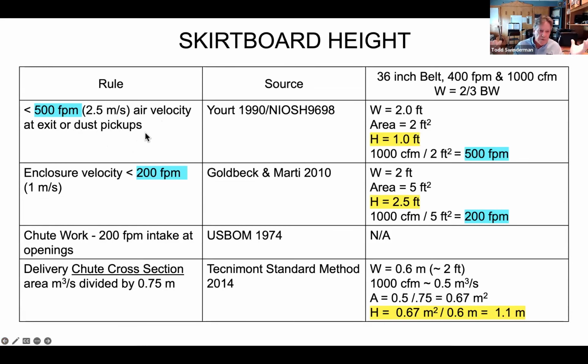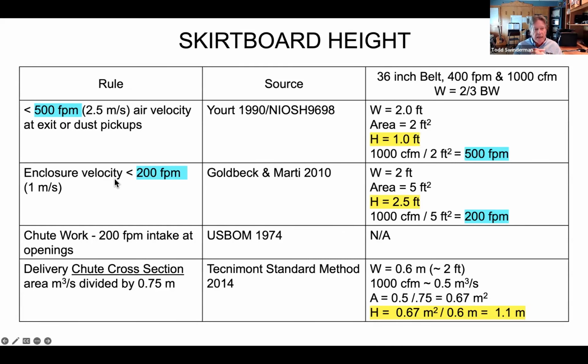That doesn't really help us out too much. But if I go back to my 36-inch belt and pick a cross-sectional area of 2 square feet of material, then my height would be 1 foot. And that gives me the 500 feet per minute.